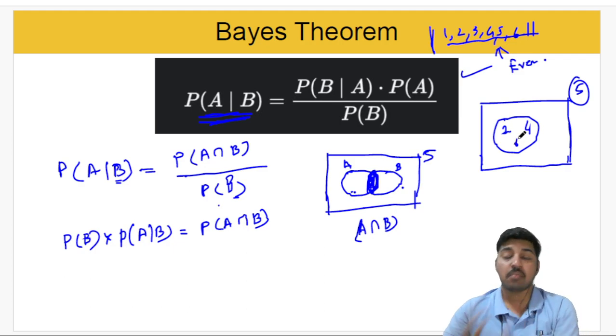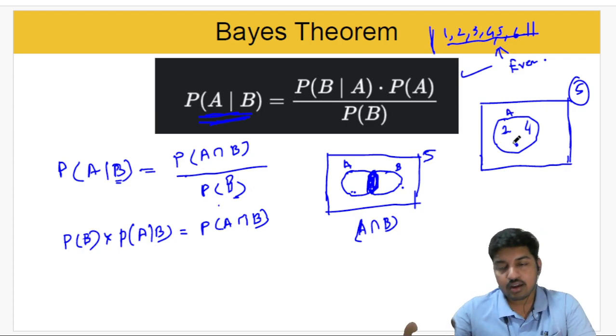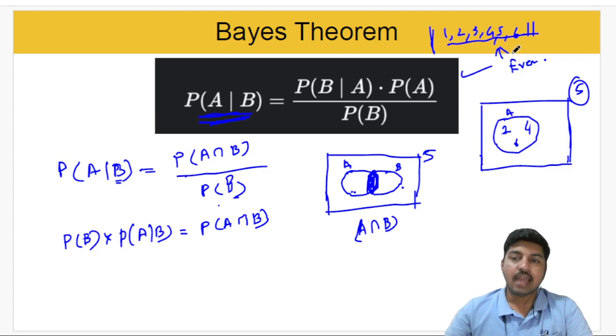If I ask the probability that event A will happen, then you can do the division part. Now I am also defining another event, that the outcome is divisible by 3. So what will be the favorable outcomes? 3 and 6.